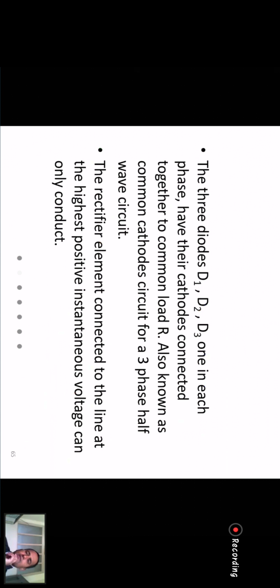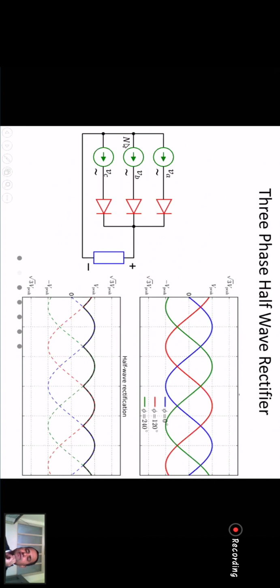This is also known as a common cathode circuit, because the cathodes are connected together to a common load. So it's known as a common cathode circuit for the three-phase half-wave rectifier.